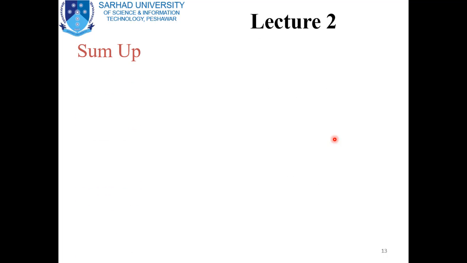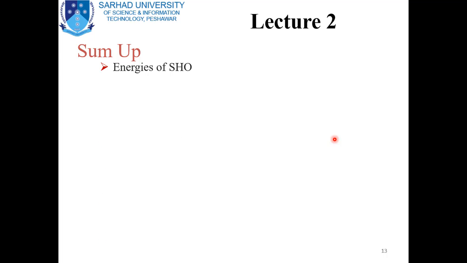So let's sum up what we have studied in this lecture. We studied the energy of the simple harmonic oscillator. First we wrote the expression for potential and kinetic energy, and then summed them up and calculated the total energy of the simple harmonic oscillator, which was the ideal oscillator.